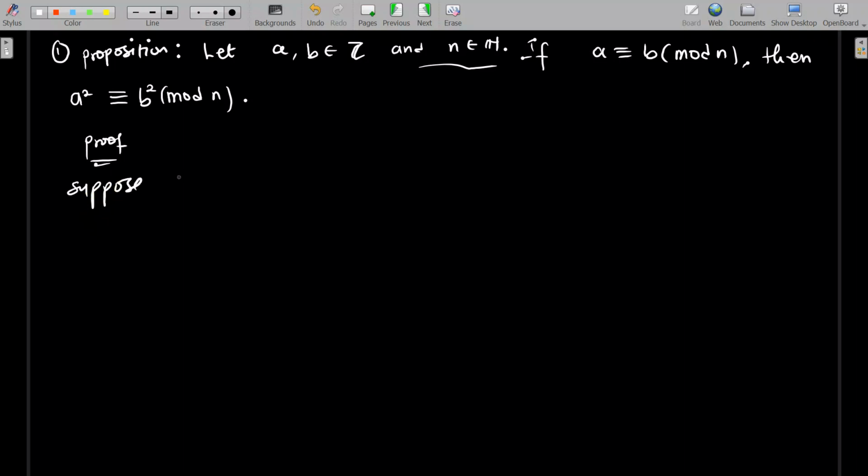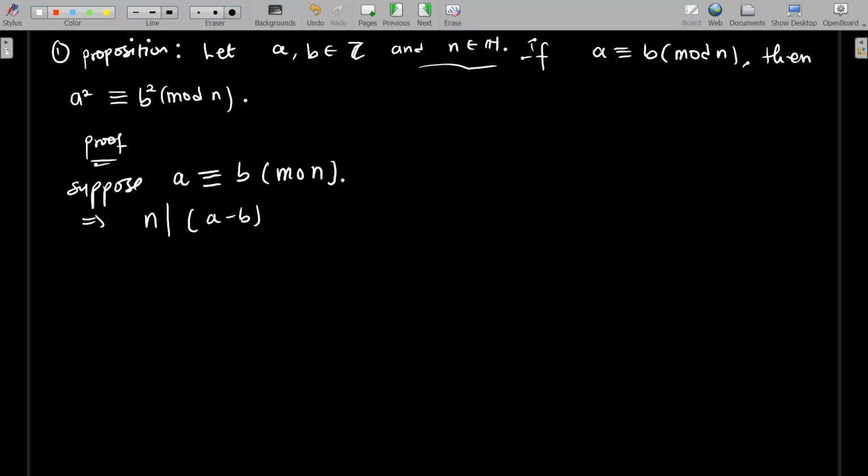Suppose that a is congruent to b mod n. Then we know that n divides a minus b, meaning a minus b is divisible by n. That's something that normally confuses, but try to get it along as some teaching.